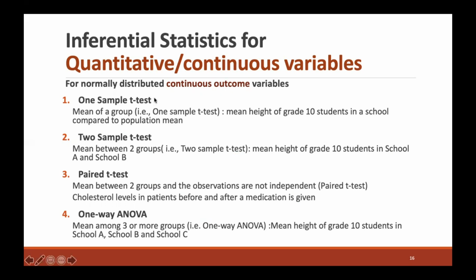The one sample t-test checks the mean of a group. Two sample t-test tests the mean between two groups. Paired t-test tests the mean between two groups, but the observations are not independent. That means the same patient appears at different times, before and after, or two time points. One-way ANOVA tests the mean among three or more groups.